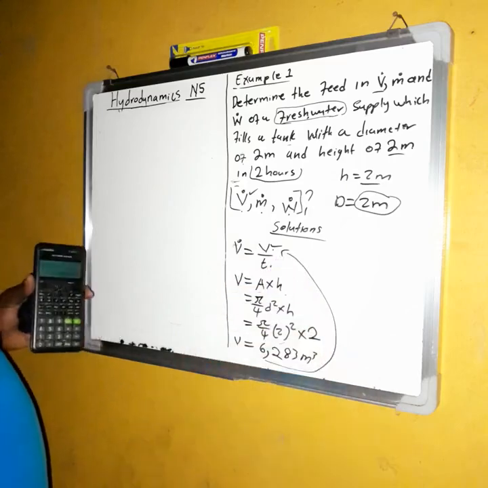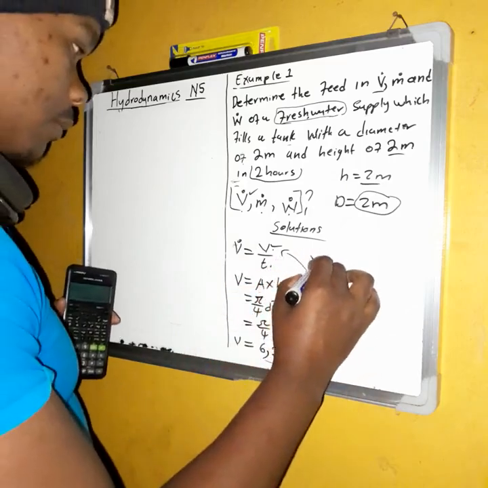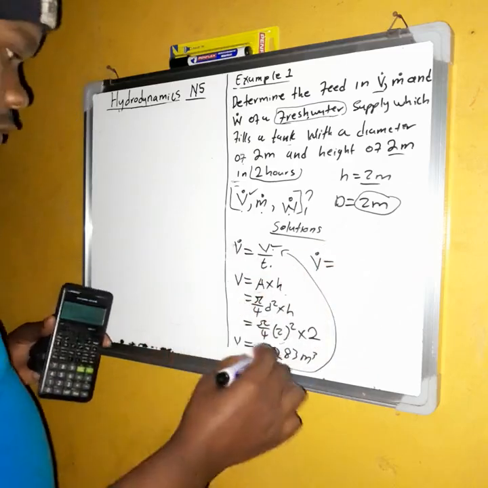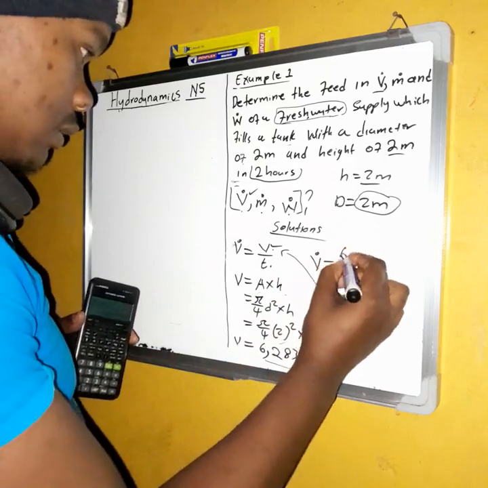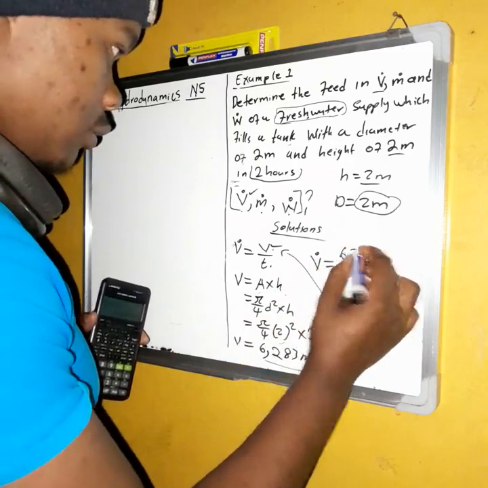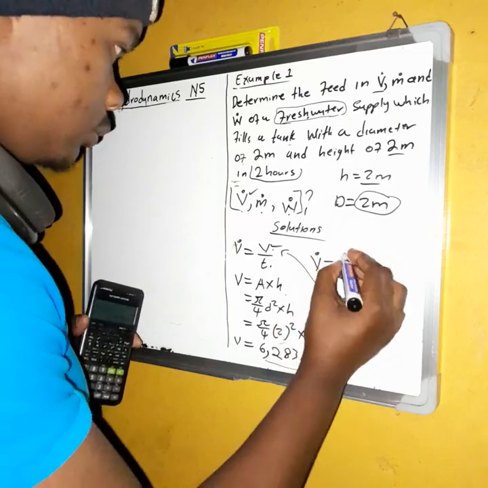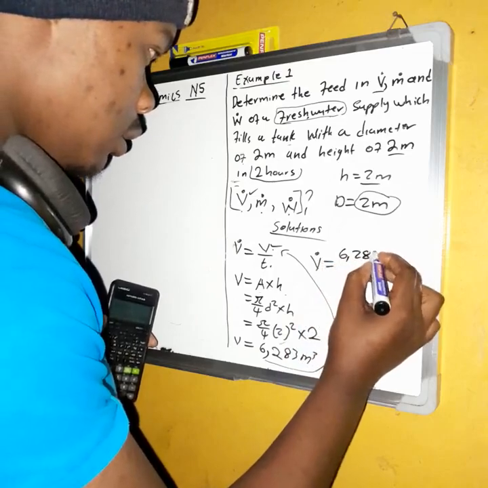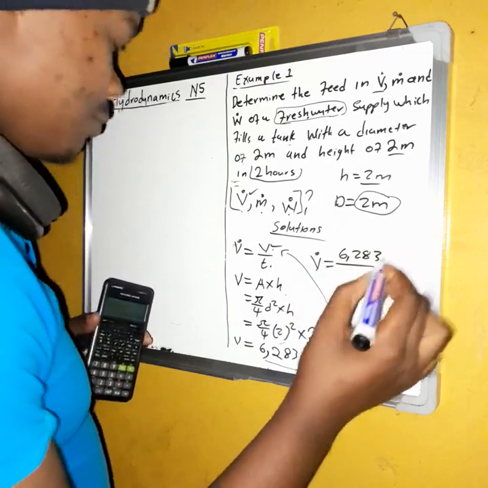We have time, so our volume flow V will be volume over time: 6.283 divided by time.